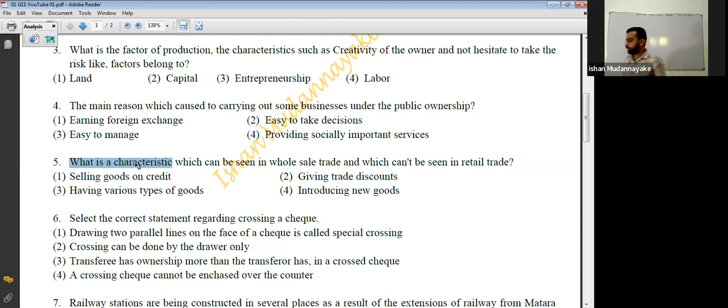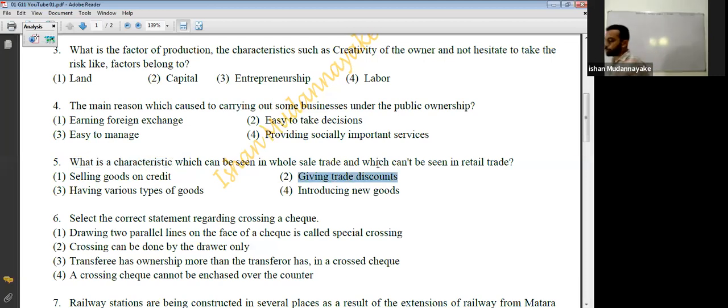You can see the differences between wholesale and retail trade in the grade 11 textbook, on page number 5. Then here, the answer is the second one, giving trade discounts.